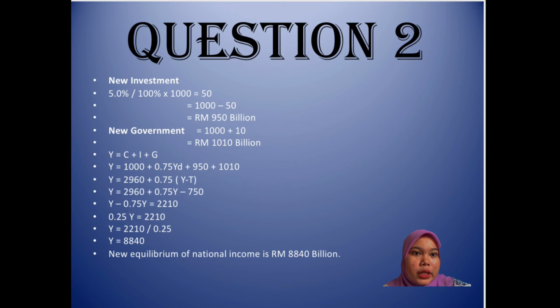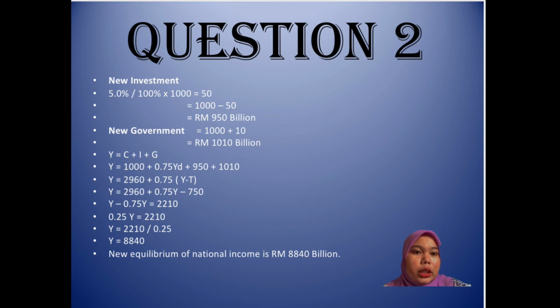For the new investment, 5% per 100% multiplied by 1000 equal to 50. So 1000 minus 50 equal to 950 billion. For the new government spending, 1000 plus 10 billion, so equal to 1010 billion.